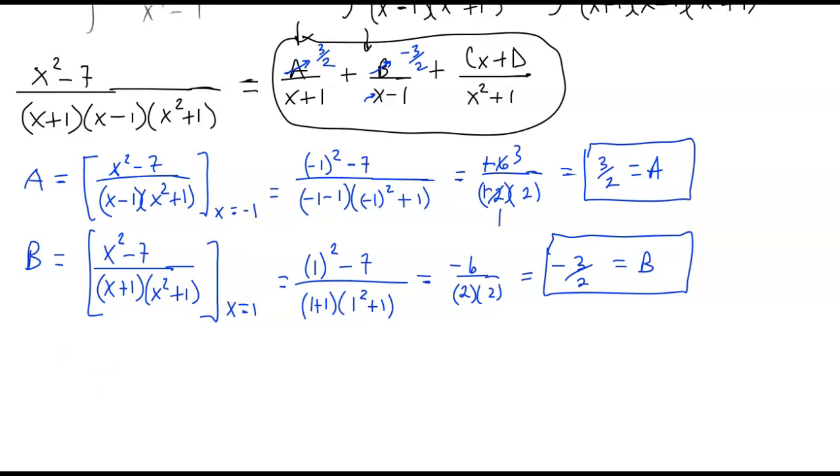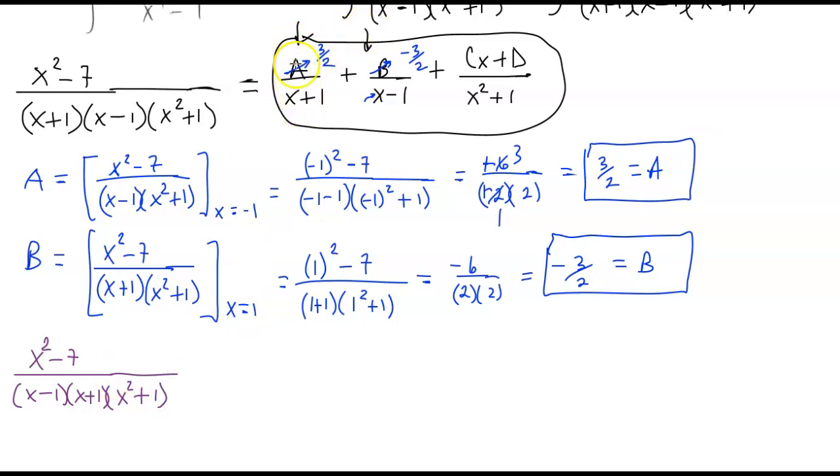So here, what I'm going to have to do, I'll switch colors again, is say x squared minus 7 divided by x minus 1 times x plus 1 times x squared plus 1.